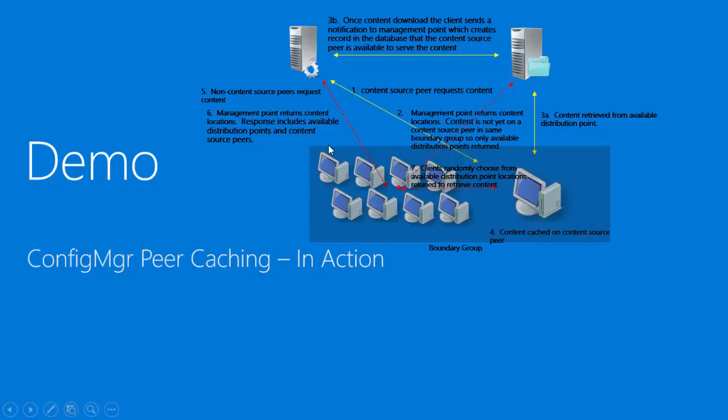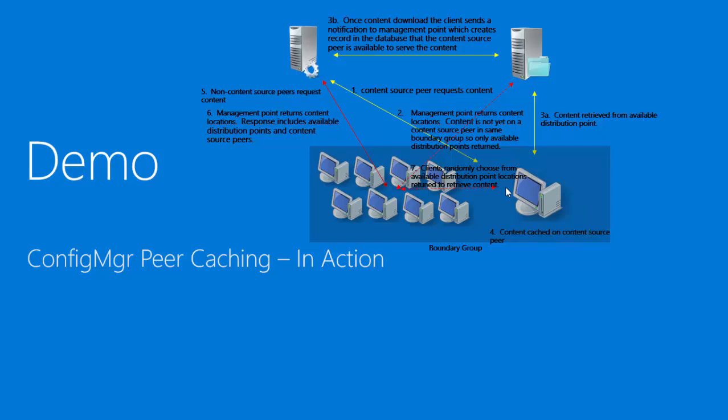Then we're back to the client. The client randomly chooses from the available distribution point locations and retrieves the content. So that's how it works. And again, I mentioned earlier, when you have peer caching enabled for a boundary group, systems in that boundary group will go try to get the content locations the normal way.